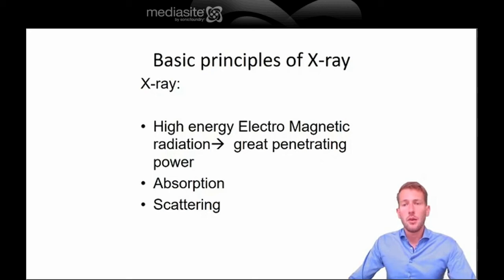In imaging, we use the penetrating power of X-rays and its partial absorption inside of the body to generate images. These X-rays can also be scattered, but let's first look into the top two.